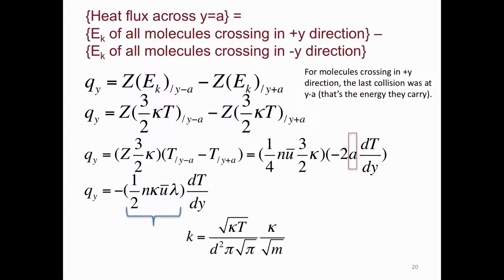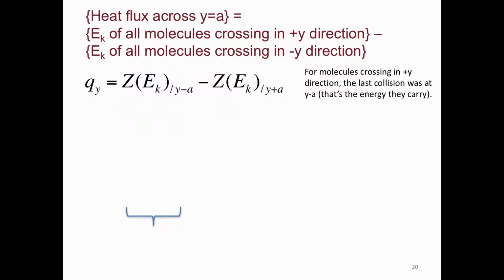I can clean it up in one way or the other, but I have dependence on the diameter of the molecules, mass of the molecules, current temperature, and the rest is the Boltzmann constant. Okay. So I do depend on the temperature itself, so I do get the temperature dependence for gases at low density. And as my temperature increases, so does my thermal conductivity.